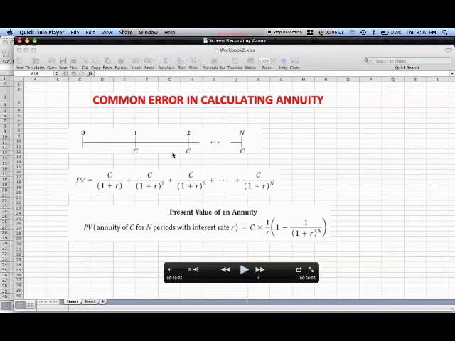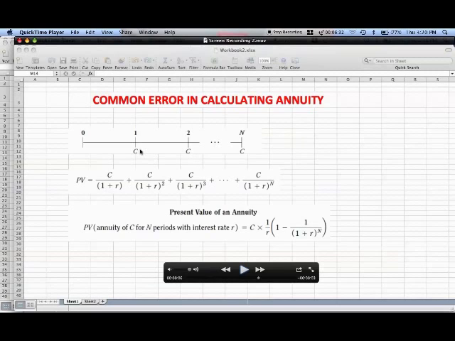And because it's an annuity, its cash flow will be in the same amount of money. So if you look at the first year, second year, and third year, it's all C, C, C, C. So the amount is the same. For example, here is 100, here is 100, and this is 100 until the end of the project or the end of your financing period.